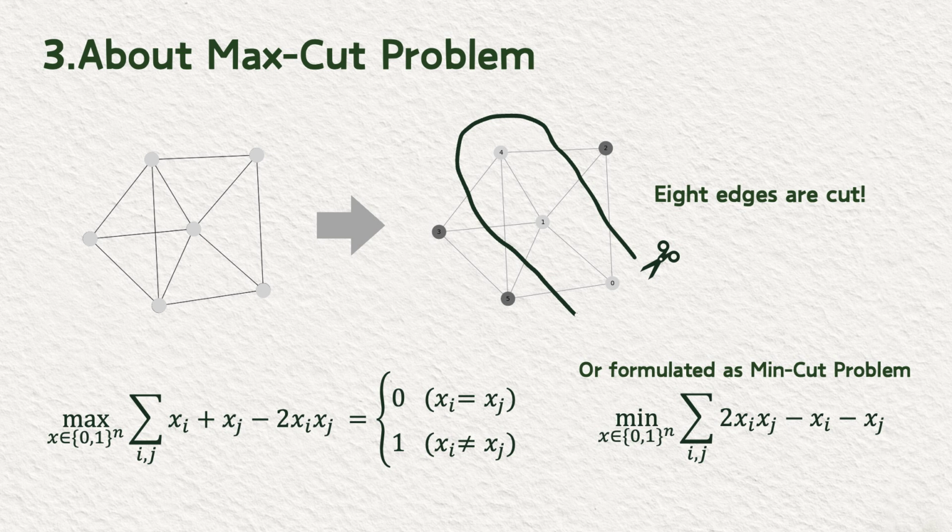However, if xi and xj have different values, the result is 1. The symbol on the right, called sigma, indicates that we sum this expression over all edges. Therefore, maximizing this expression means placing adjacent nodes in different groups as much as possible. This can also be formulated as a minimum cut problem by reversing the sign.